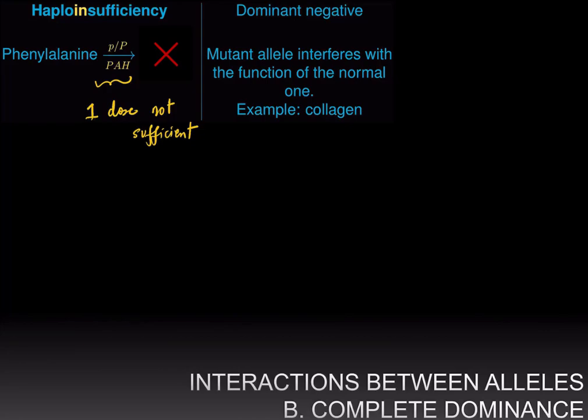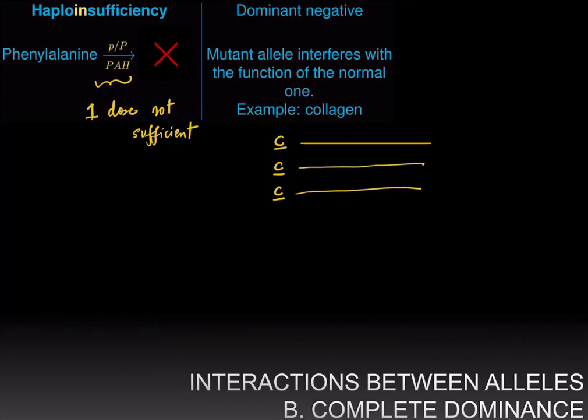Now, the other kind of dominance, which occurs by dominant negative interactions between alleles, can be understood with the example of collagen. The normal wild type allele, and I'm using little c to denote that wild type allele, encodes this collagen protein that makes trimers.